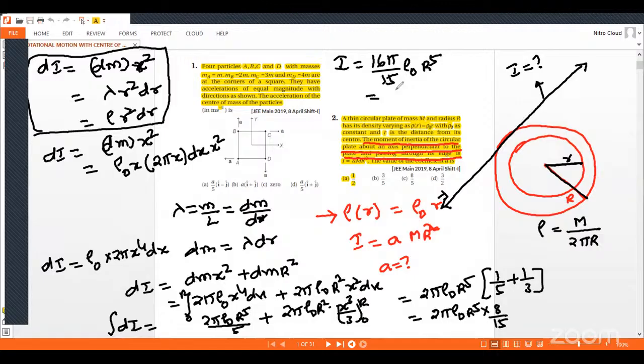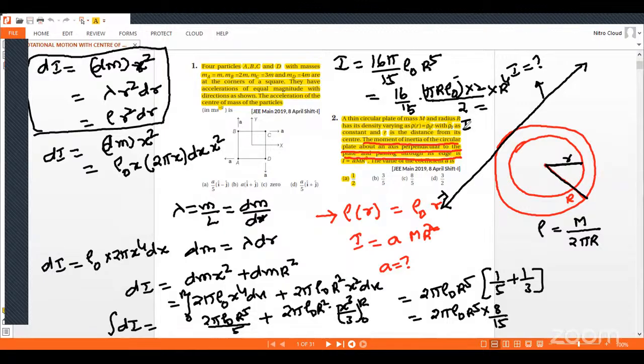So, 16 by 15 into rho into 2 pi r. Pi r into rho naught multiply by 2 divide by 2. This is the total mass. Rho naught into 2 pi r means, into r power 4.